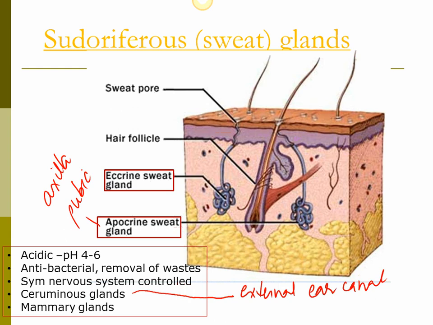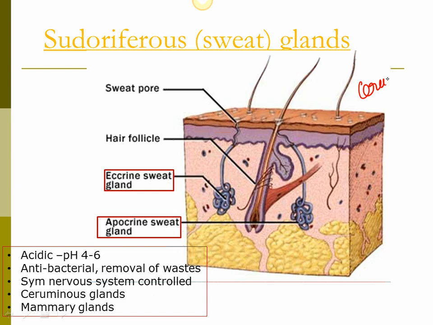Mixed with the sebaceous gland secretion, these modified sweat glands produce wax. Your wax in your ear is called cerumen. The correct term for wax is cerumen. That's why you get ceruminous glands. So they are modified sweat glands seen in the external ear canal.